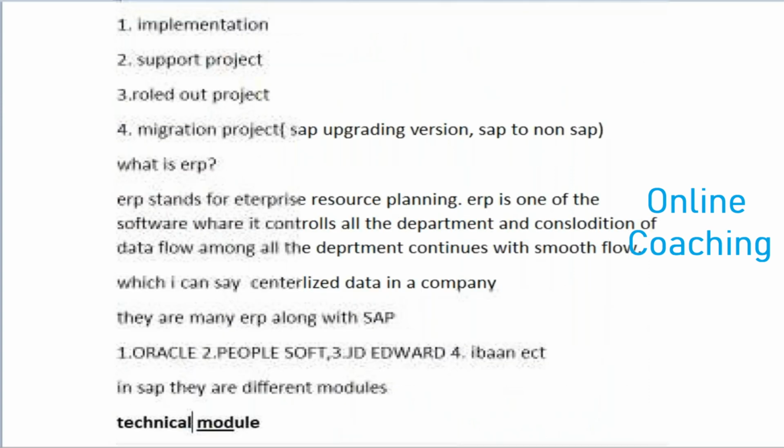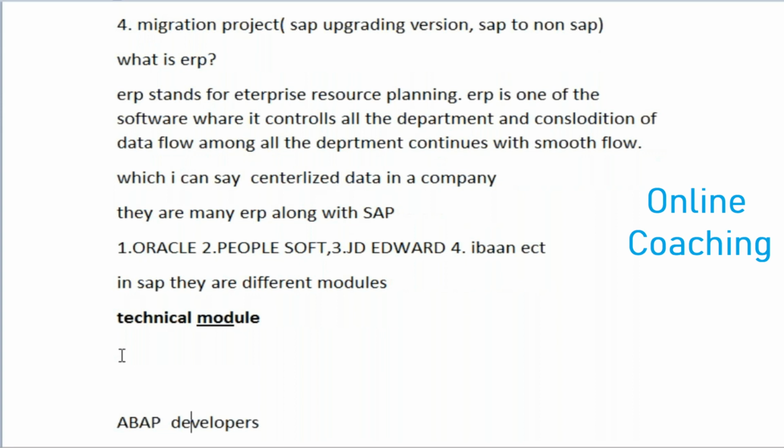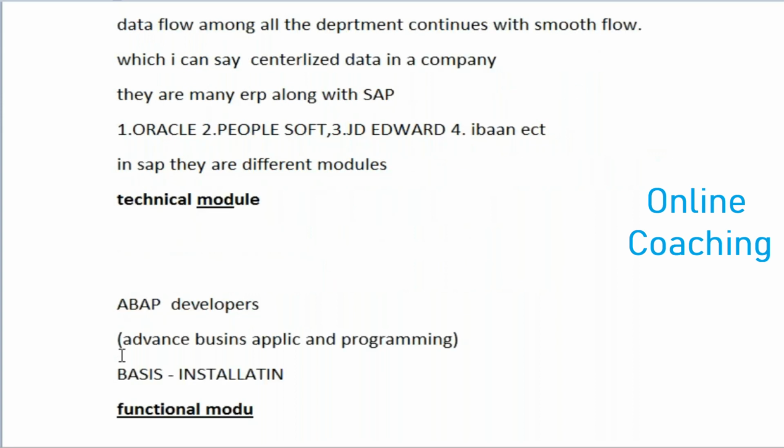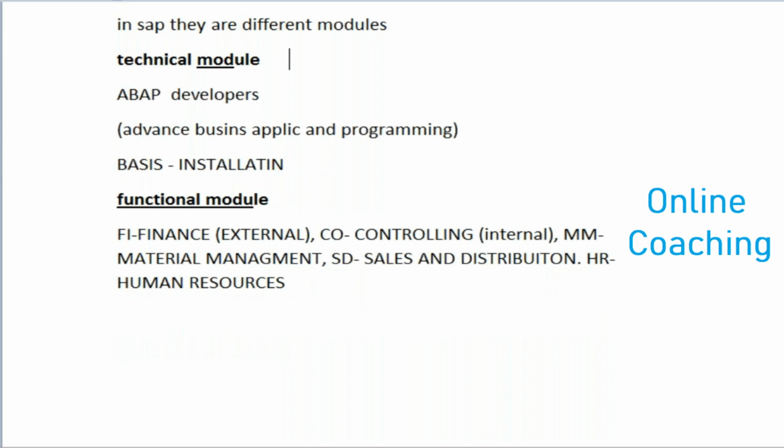Now we talk about the technical modules and other things. The technical modules were developed a lot. Now for the functional modules, there are others like CRM, customer relationship management.